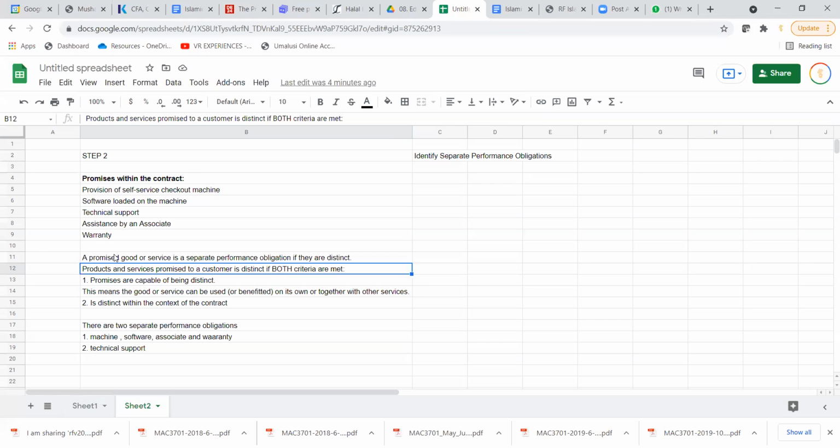Okay, so what you must know is that there are two separate performance obligations: the machine package and the technical support. So what made the technical support a separate performance obligation? It met point number one and it met point number two.